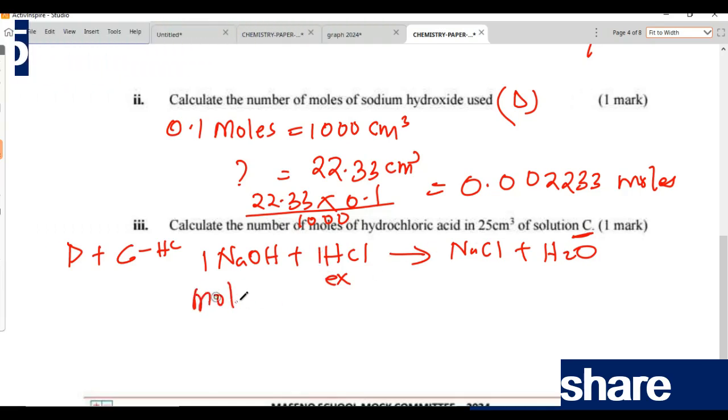So mole ratio, the equation is balanced.